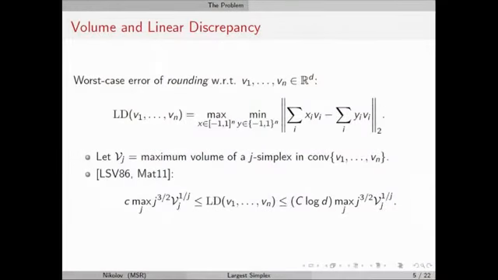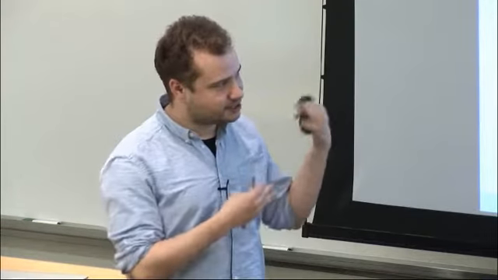Okay. Let me tell you about this connection with discrepancy theory. It's a little bit of a loaded slide, so I'll go slowly over it. I want to tell you about something called linear discrepancy. That's a measure of how well you can round, in a certain sense which I'll define. So the linear discrepancy of vectors v1 to vn in R^d is some measure of how well we can round with respect to these points in the following way.